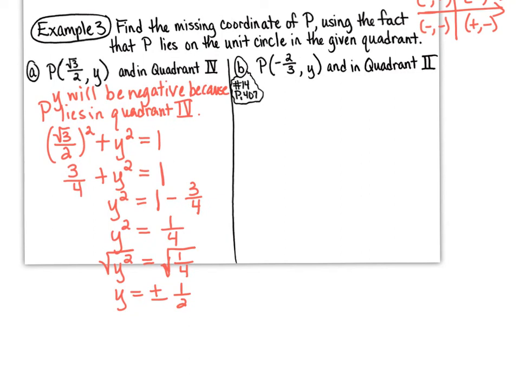However, we stated initially that y has to be negative because P lies in quadrant 4. So y has to be what? Negative. Negative 1/2, good. Since P is in quadrant 4, y must be negative 1/2. Okay? There you go.